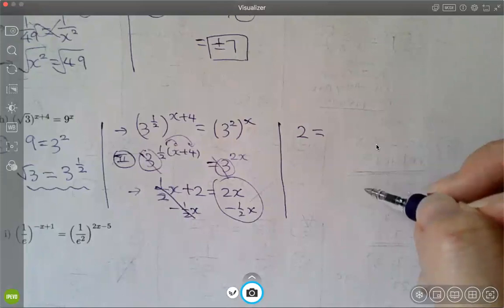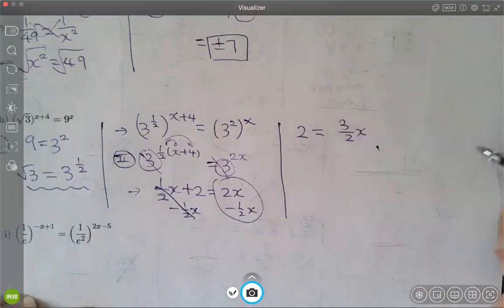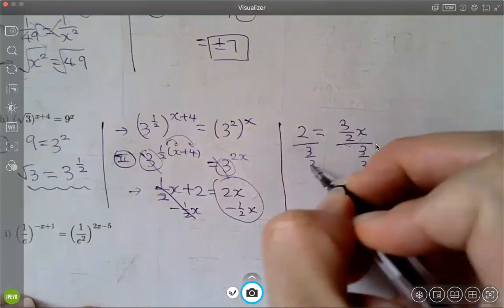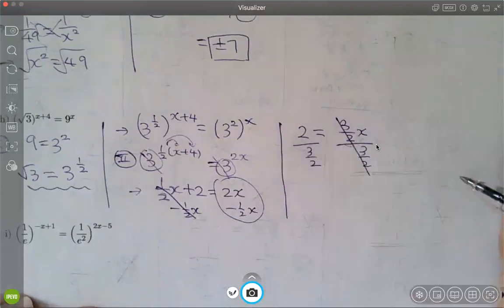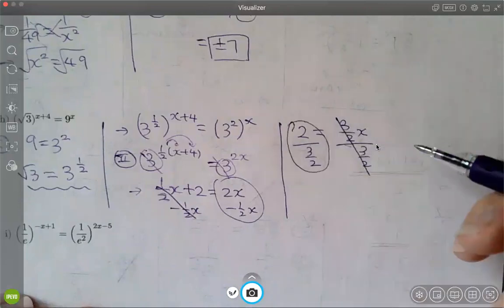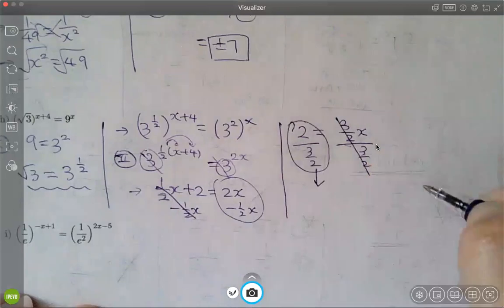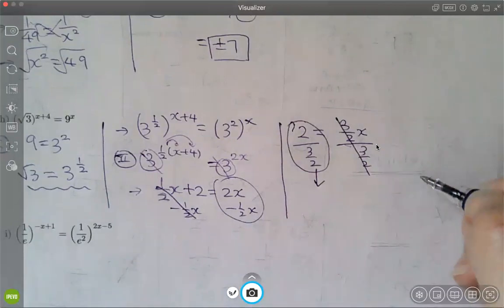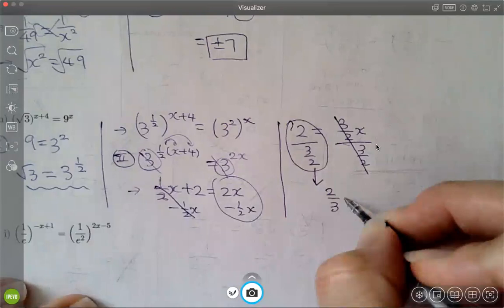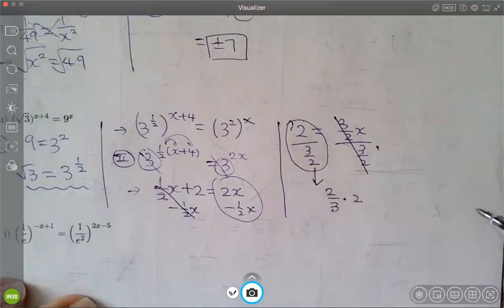Yes, okay. And then what do you do? Divide by 3/2, right? Okay, so we have 2 over 3/2. What is this equal to? 4/3. Do you see why? 2 over 3 times 2, right? Okay, so it's 4/3.